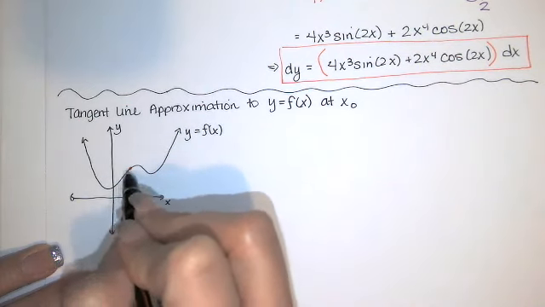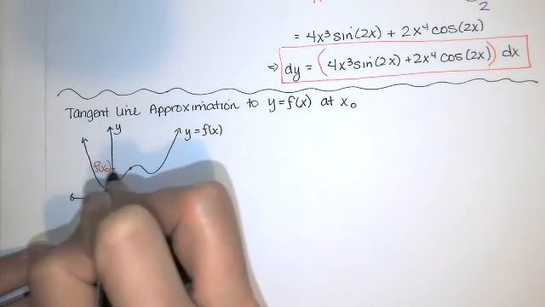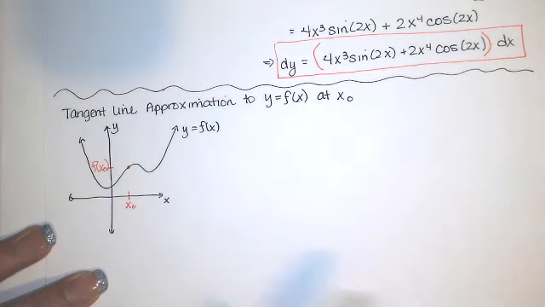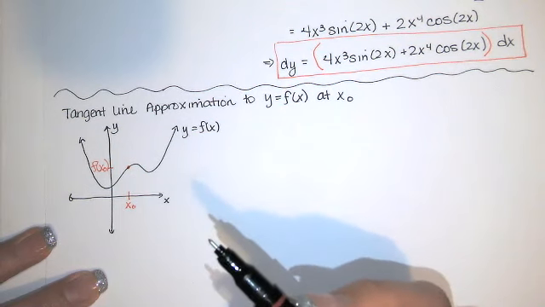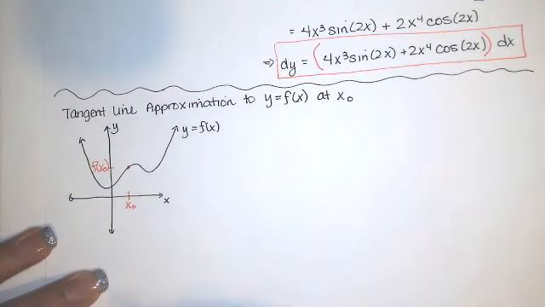That would give us the y that goes with that x. So we'd have f of x naught as our y value and x naught as our x value. And then we use the derivative to find the slope. Remember, the derivative is a formula for the slope of the function at a point. It would give us the slope at any point as long as we were able to plug that x value into the derivative function.